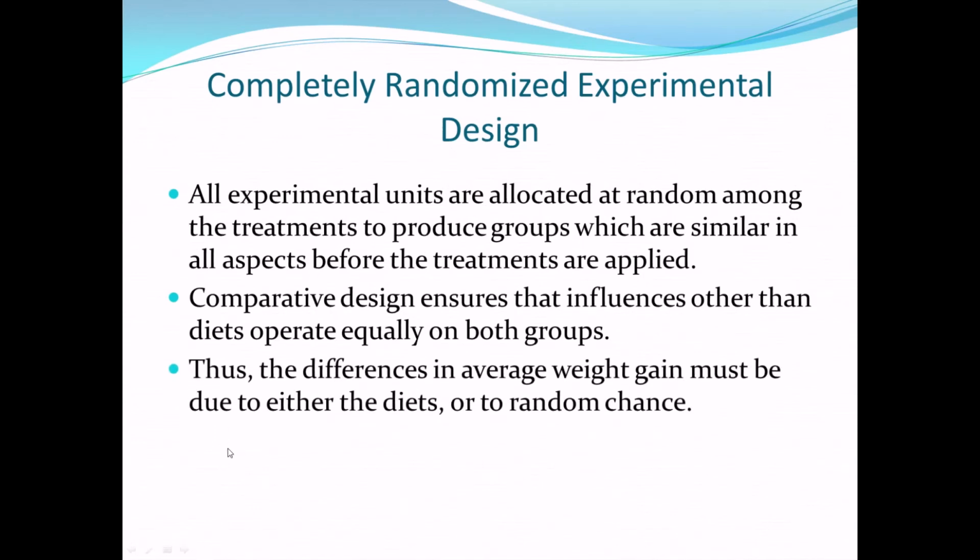Thus, the differences in average weight gain must be due to either the diets or due to random chance. Now, we want it to be due to the diets, but it could be that you're seeing something that's just due to chance. And yeah, you can replicate to see if you get the same result, but let's move on to another item of interest that we can apply just to this idea of random chance.